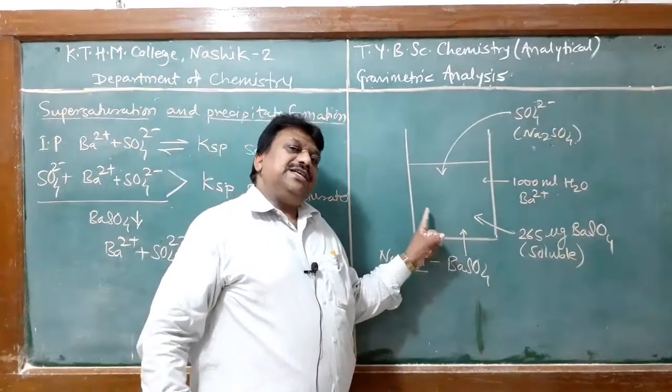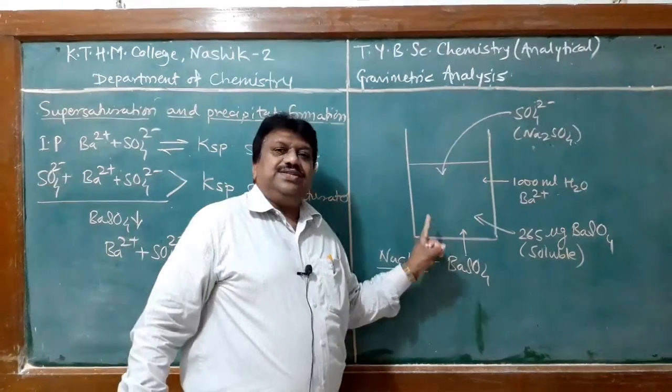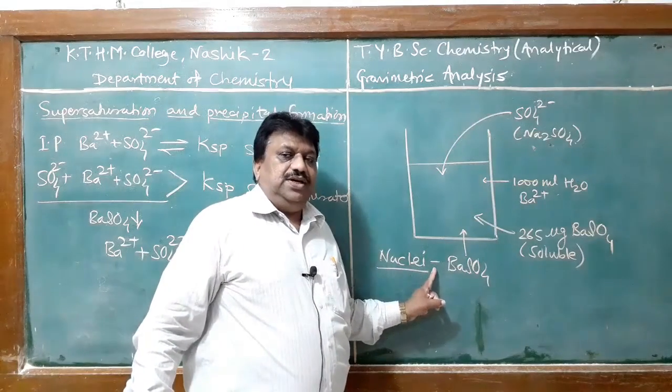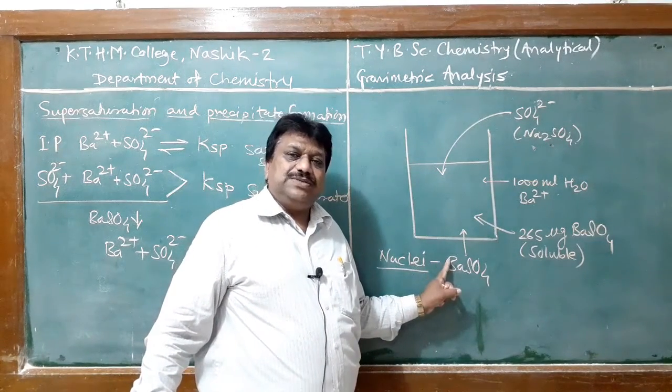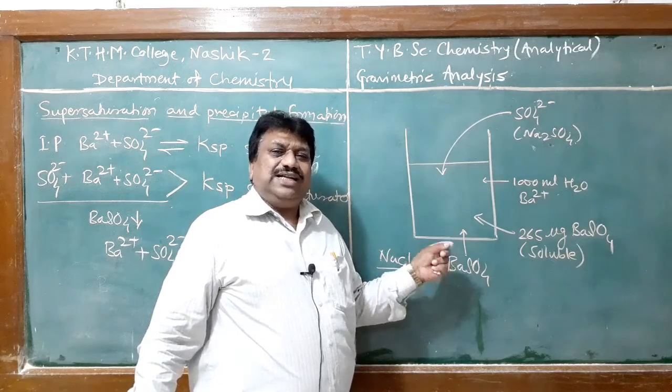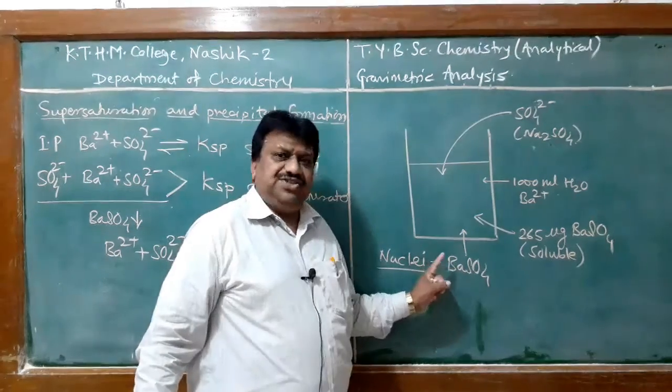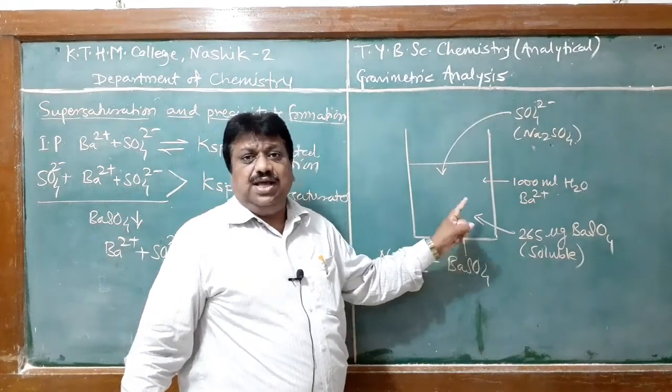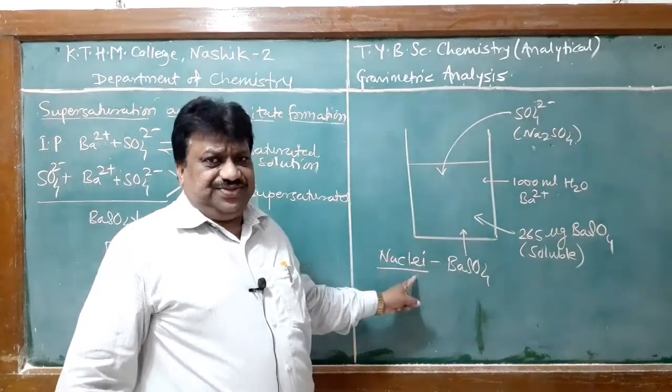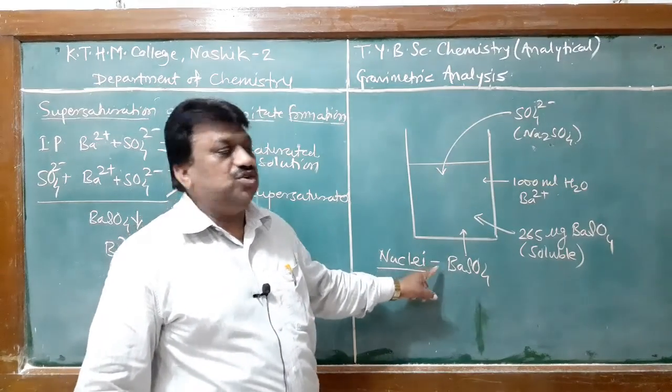Therefore, in a precipitation reaction, the first step is the nucleation process. Nucleation is a process by which a very tiny particle of the precipitate is generated in the body of solution, and that grows into a larger crystal for formation of precipitate.